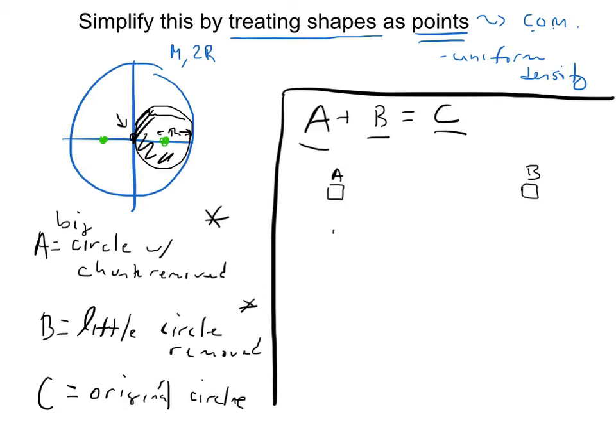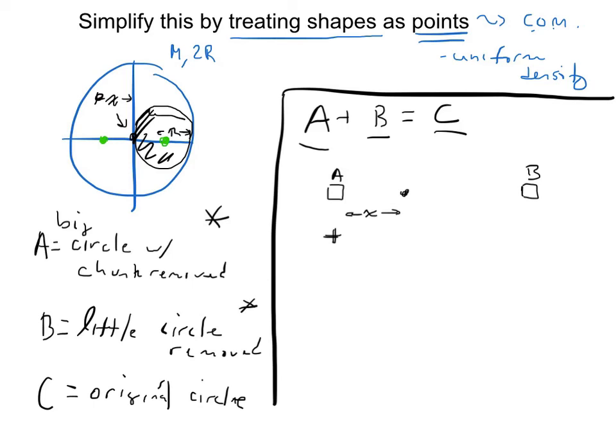Okay, so if we call this the origin, A, and we're going to define x to be the distance that we've shifted the center of mass from the original point in the center of the circle, then here is going to be my center of mass, some distance x.